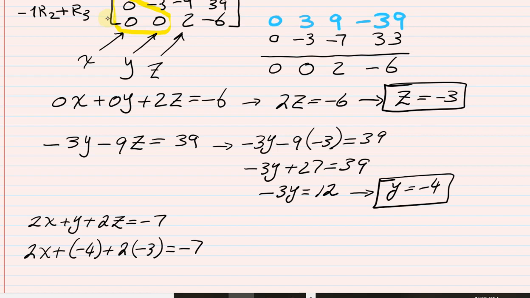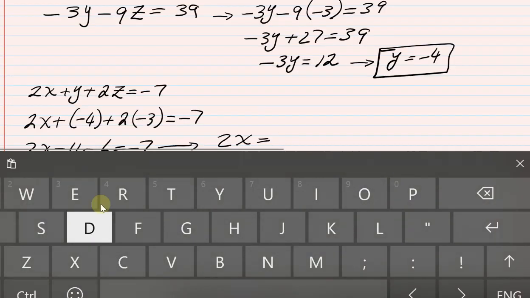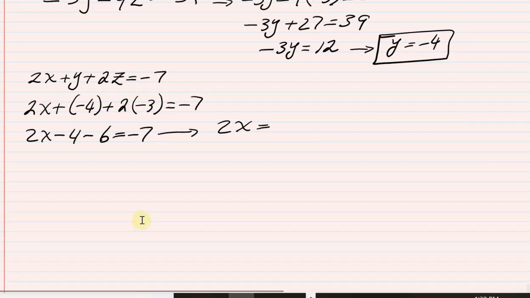And solve for x, so we get 2x, -4, -6 equals -7. Combine like terms, that is combine the -4 and the -6 right there. That makes -10, so I'm going to add 10 to both sides.